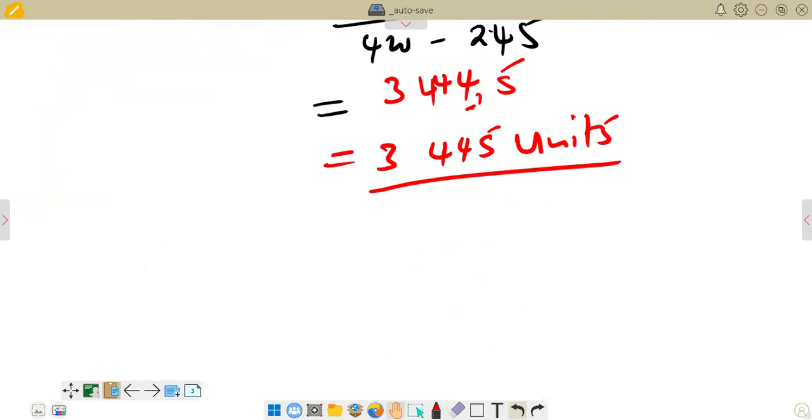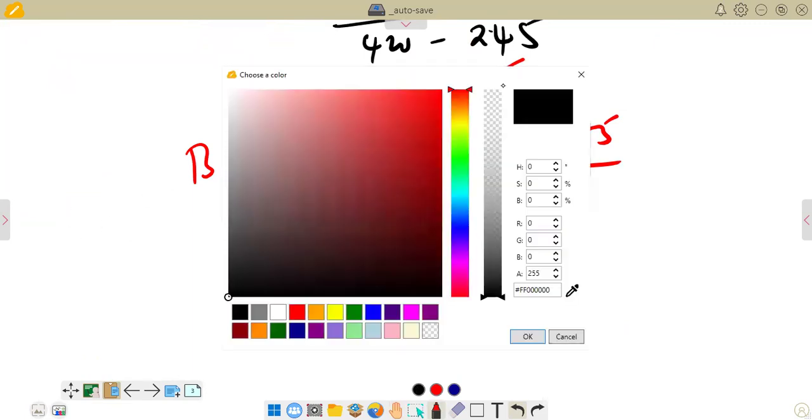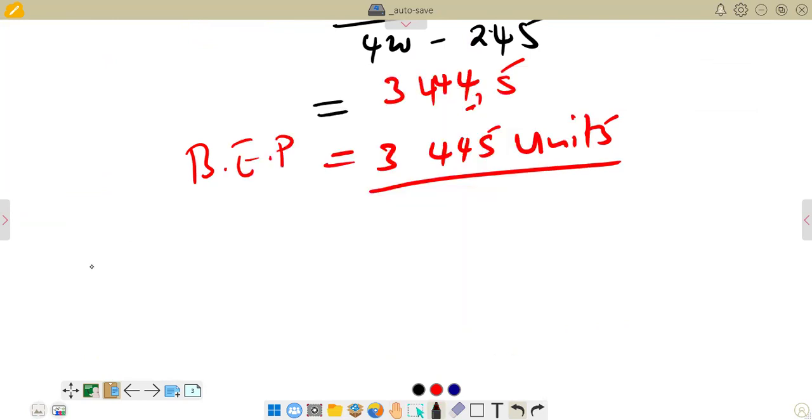So we are saying this is our break-even point, and our level of production is equal to 4,320.